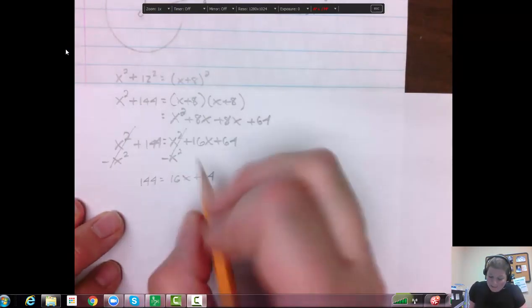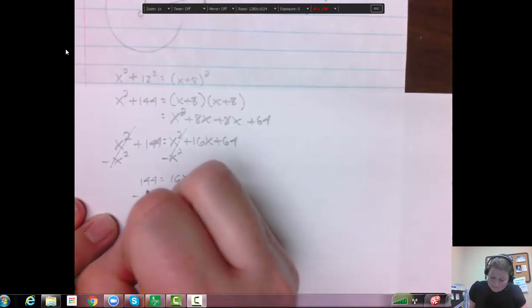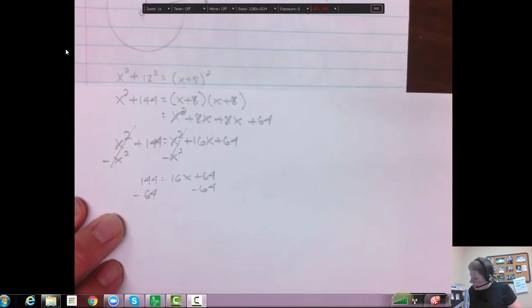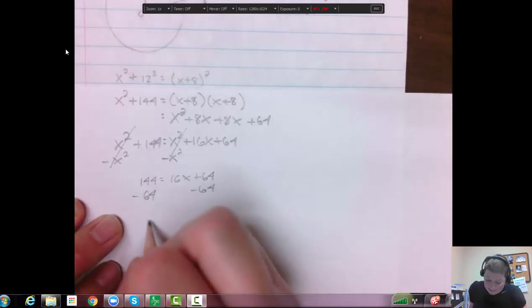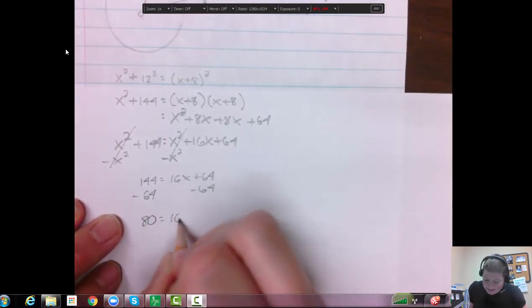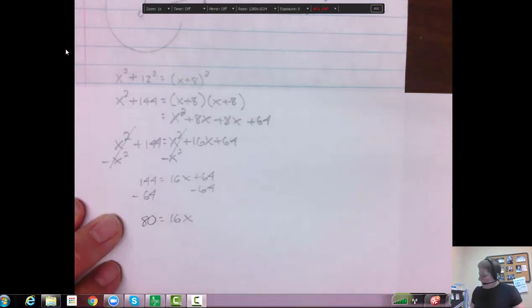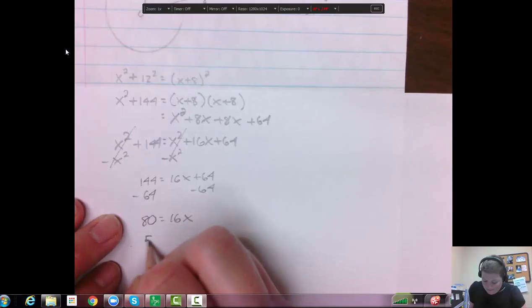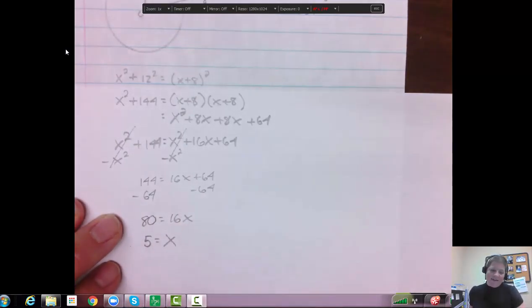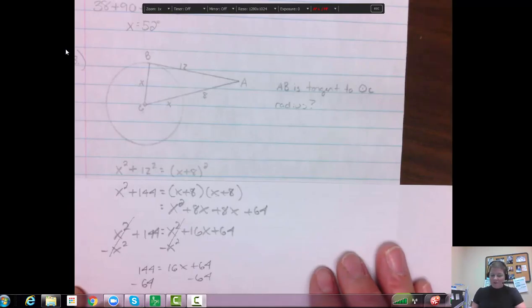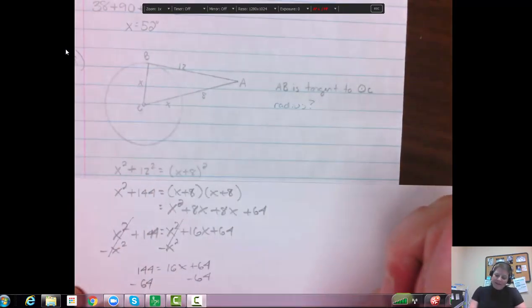Subtract that 64. I'm going to use my calculator. That's 80. I remember it was something that 16 divided into. And then 80 divided by 16 was 5. So 5 is our final answer for those two x values. Okay, 5 and 5. All right.